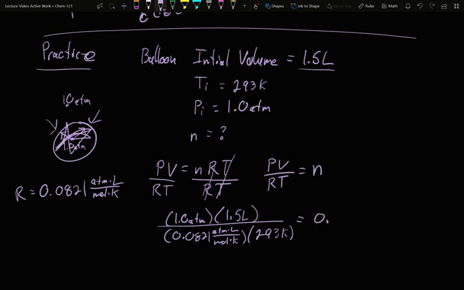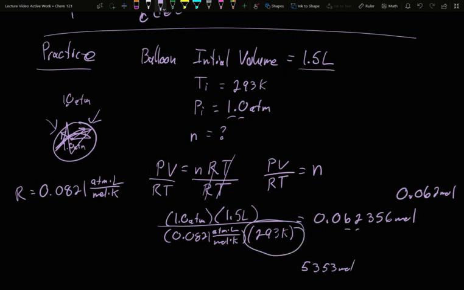So I have 0.062356 mole, and realistically we had 2 sig figs, so 0.062 mole. Now, if you accidentally found 5353 moles, then what you did is you accidentally multiplied by 293 instead of dividing by 293.